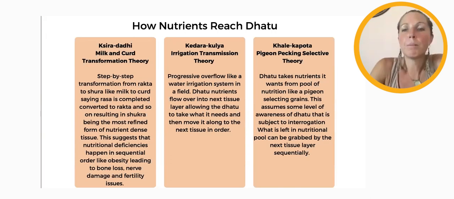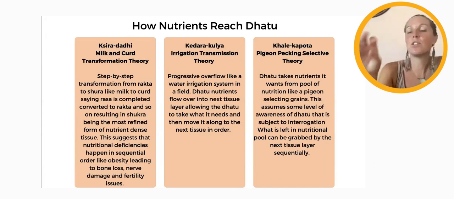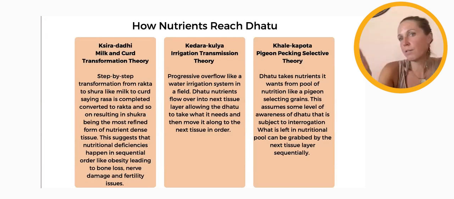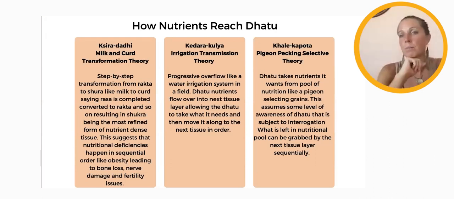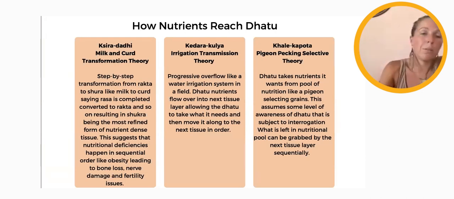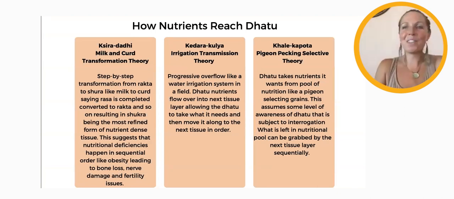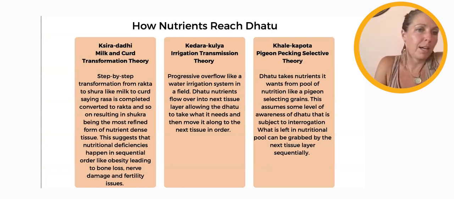And in the pigeon pecking selective theory, the dhatu takes the nutrients from ahara rasa, from the pool that it wants, like pigeons selecting grains. But that's assuming that there's some sort of higher level of intelligence, that it's grabbing what it needs. We don't necessarily know that, but those are 3 different concepts or theories that were mentioned in the text. Let me know which one resonates with you. It's kind of interesting.